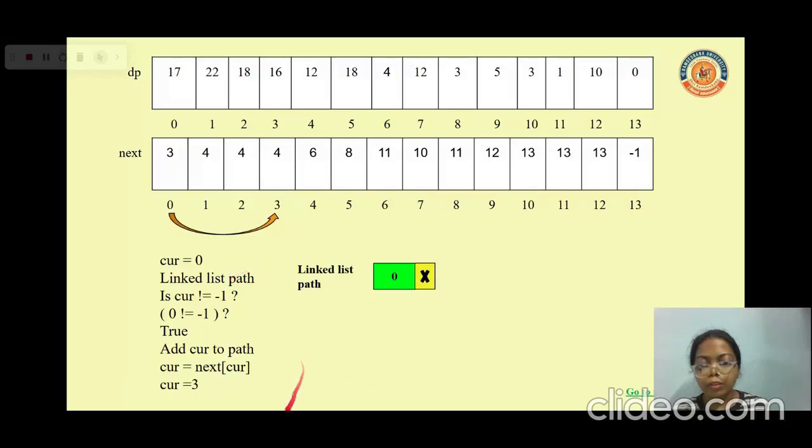And now we will construct our path. So here, to construct the path, I am at 0, so I add 0, and next of 0 is 3.